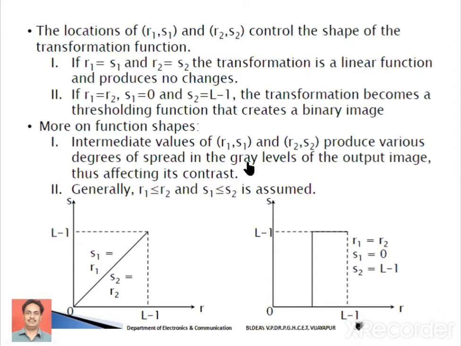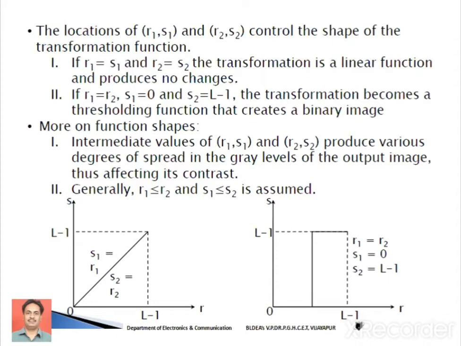In case R1, S1 and R2, S2 are intermediate values, they produce various degrees of gray levels in the output image, and they are going to affect the contrast of the image. Generally, we select R1 less than or equal to R2 and S1 less than or equal to S2 to obtain the contrast stretching of the image.